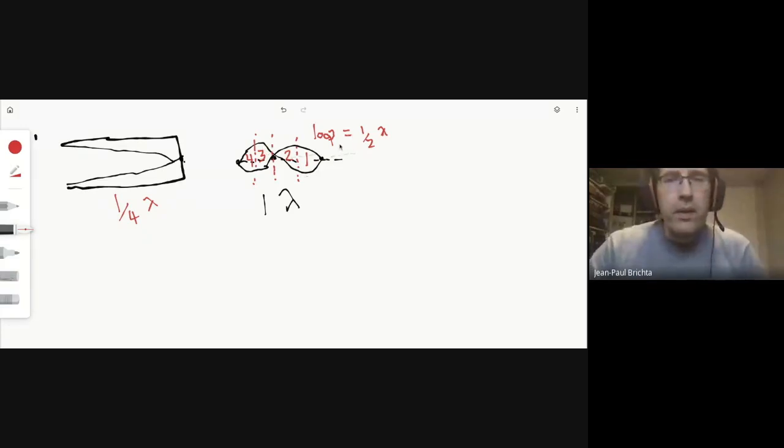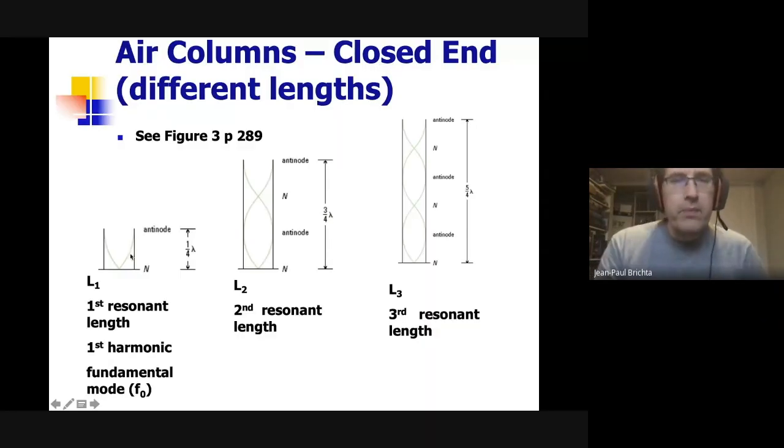Okay, so remember this shape, right? This is the loop. And remember this shape. This is half of a loop, which is the smallest that you can have for a closed air column. This is why this shape is 1/4 of a wavelength. Here we have a loop that's 1/2 of a wavelength plus the half loop.